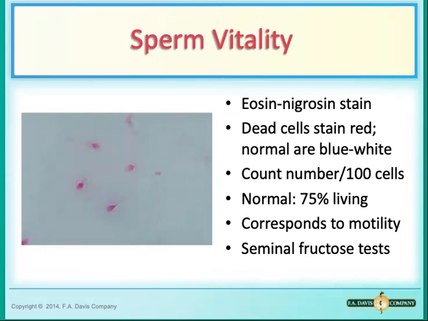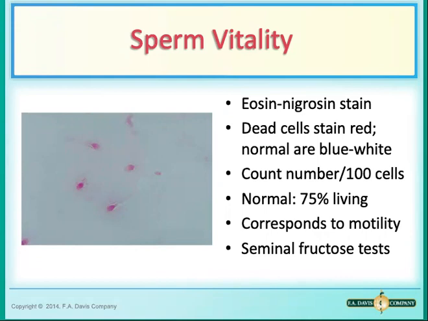And it is evaluated by mixing the sample with a stain called the eosin nigrosin stain. It is normal to have about 75% living. Again, that vitality measurement corresponds to the motility.